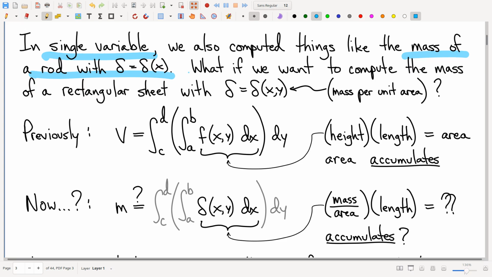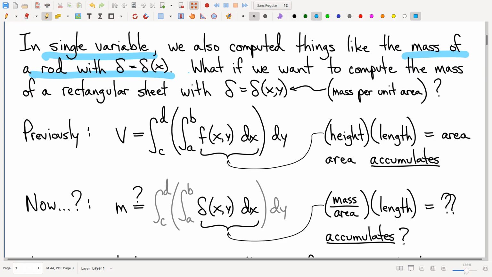Okay. So what was nice about single variable calculus is that the integral we use to compute area under a graph is exactly the same kind of integral that we could use to add up those little pieces of mass. The exact same construction works just fine.